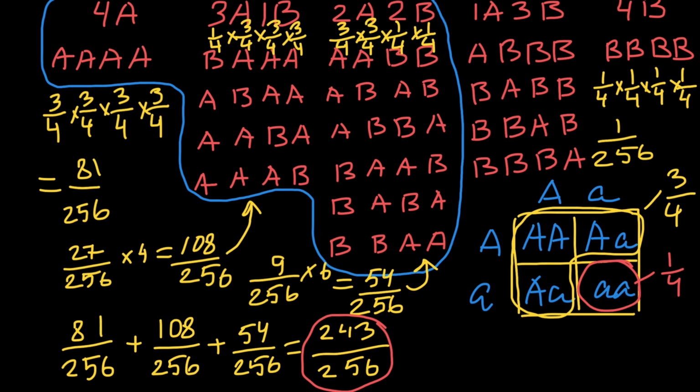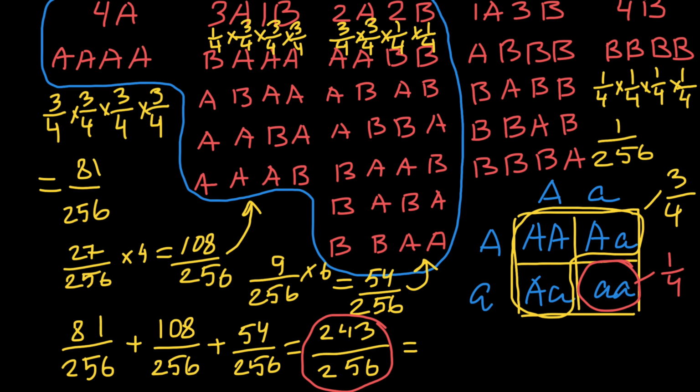And if you need an answer in percentage form, you have to divide this number, numerator, by denominator. And the answer that you're going to get, you have to multiply by 100, and this is how you're going to get an answer in percent form.